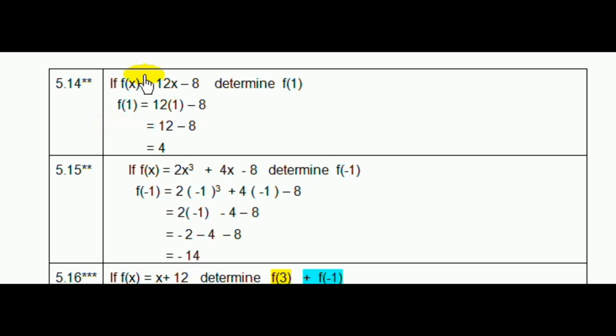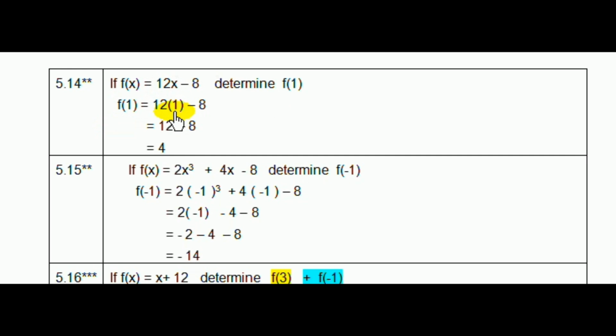5.14, f(x) is given. Functional notation, the names of those two terms are f and f(x). The x is the variable that we want you to change to make the x a 1. f(1) is asked, so every x, there's only one here, change that to a 1, put that in a bracket please, so that you can actually get used to putting it in brackets.